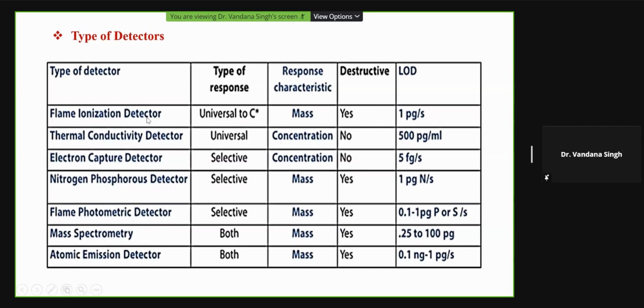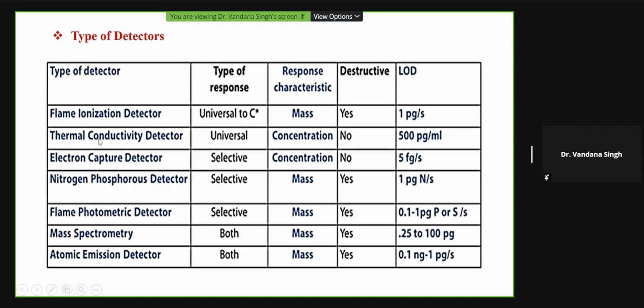As the analyte is destroyed, combusted in this detector, this is a destructive type of detector, and they respond to the mass of the analyte. So the response characteristic is mass, and their limit of detection is in the picogram range. They can detect 1 picogram of analyte per second.